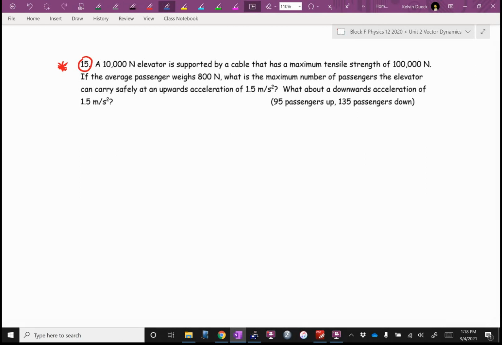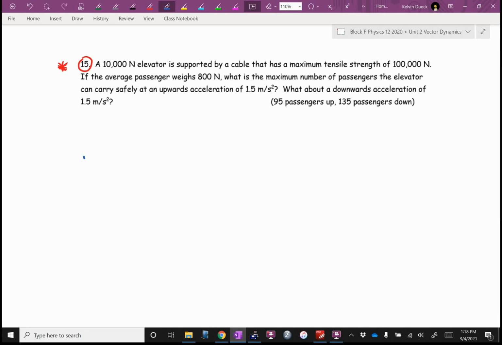Of course, this is a job for a free body diagram. What we're going to do is lump the elevator and the passengers together. The first thing I'm going to do is figure out how many kilograms this elevator can handle before it would snap.